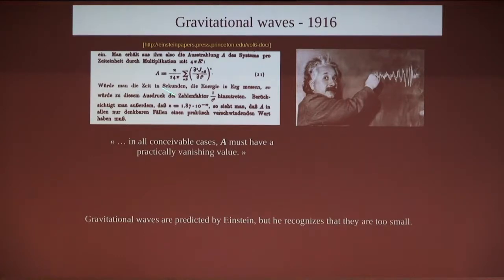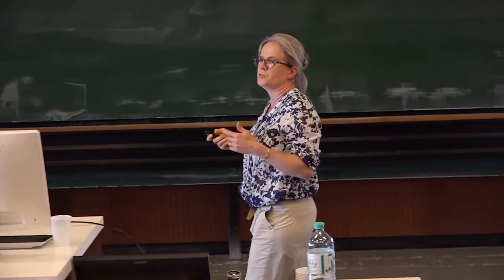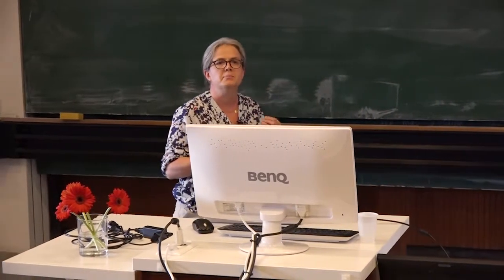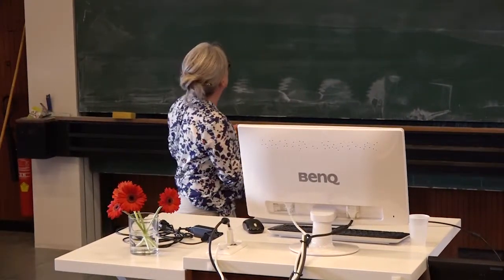And what he's saying here is that typically the emission of waves must have practically vanishing value. So he was not really taking gravitational waves very seriously, or at least he did not believe that this is something that could be detected at that time.